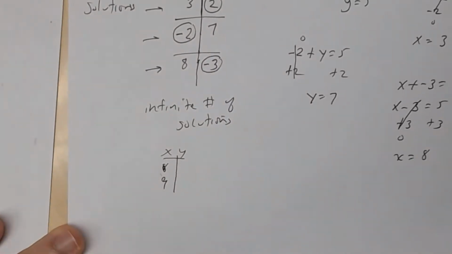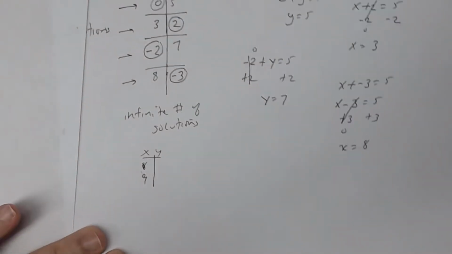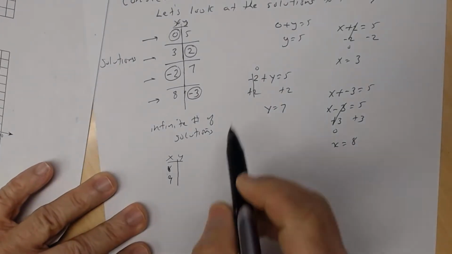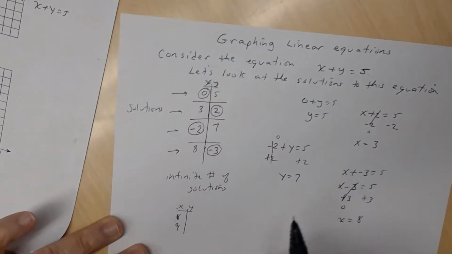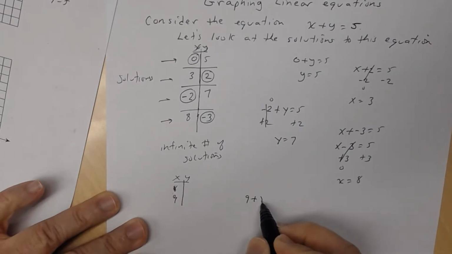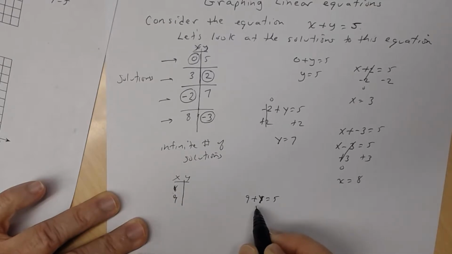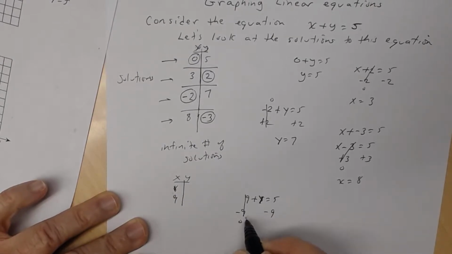All right, and let me go ahead and decrease the size here. So if x is 9, and I go back to this equation right here, 9 plus y equals 5. To get y by itself, I'm going to subtract 9. 9 minus 9 is 0, and so y equals -4.